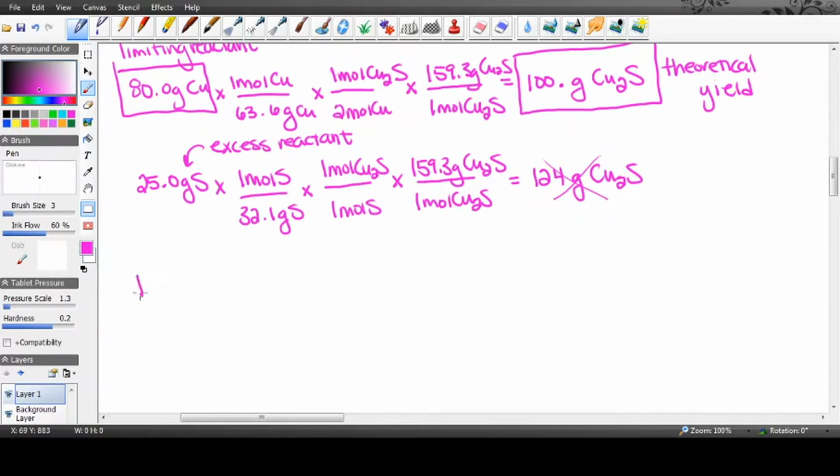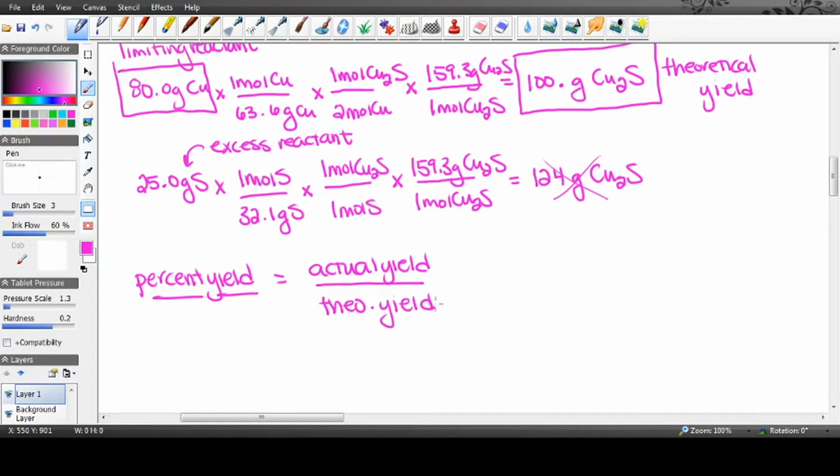And so we can compare those two things with something called percent yield. And percent yield is equal to the actual yield, which is what you actually got in the lab, divided by your theoretical yield, which is how much you should have gotten based on your limiting reactant calculation, times 100.